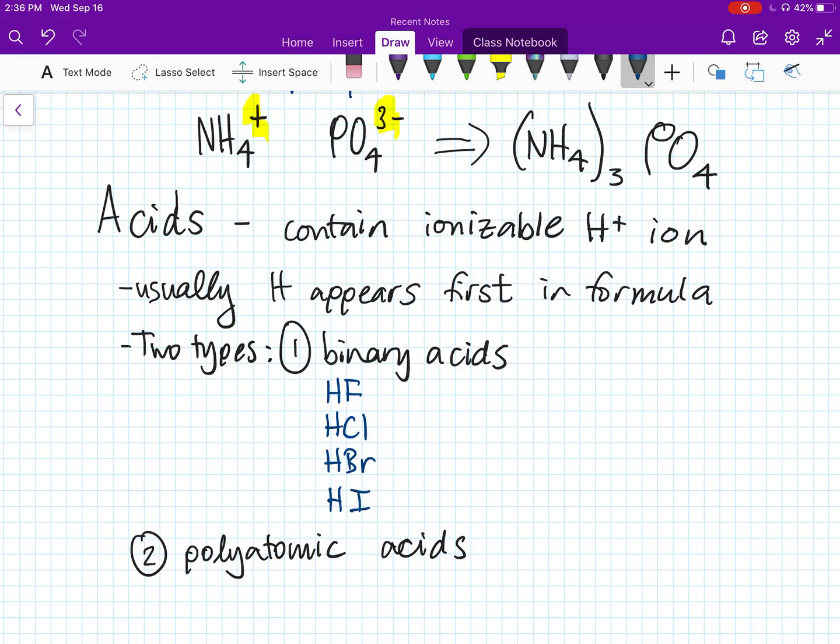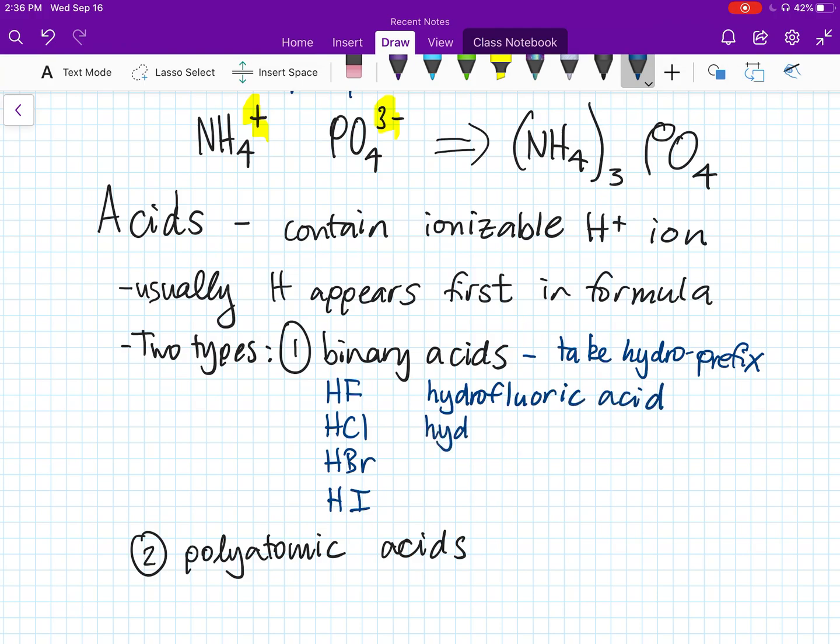These are the major binary acids. And these take a hydro prefix. So I would call this one hydrofluoric acid.